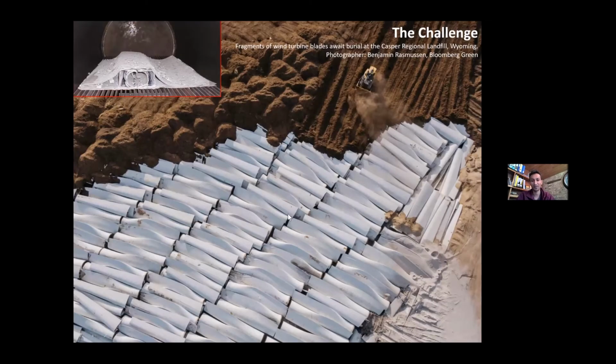So you've come across some of these pictures of landfilled wind turbine blades at their end of life. And given the plastic ocean challenges that we are currently facing, we want to avoid a situation where we are having to dispose of composites, which are notoriously difficult to recycle, through landfilling processes.